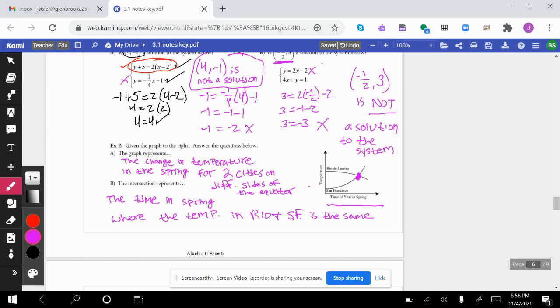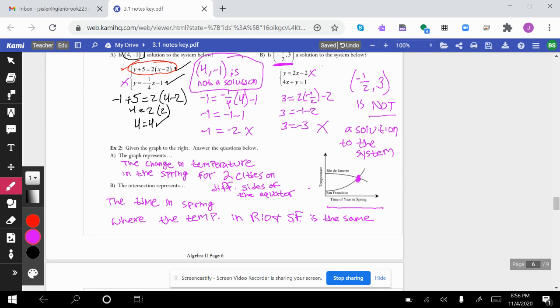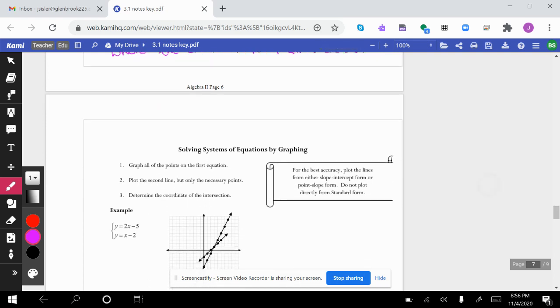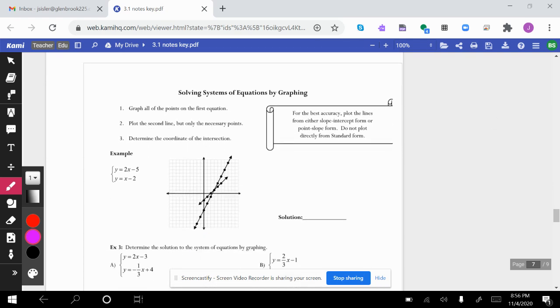Okay, so we're going to combine these two things. We're going to combine our checking for solutions and graphing to solve systems of equations by graphing. So step one, and you can see this play out in the graph below, is to graph all of the points of the first equation.